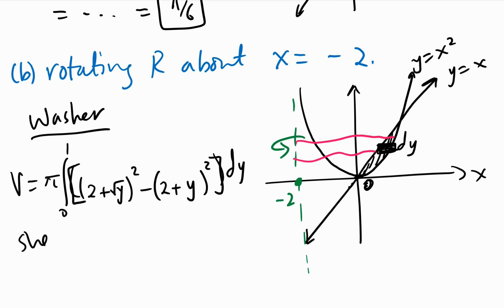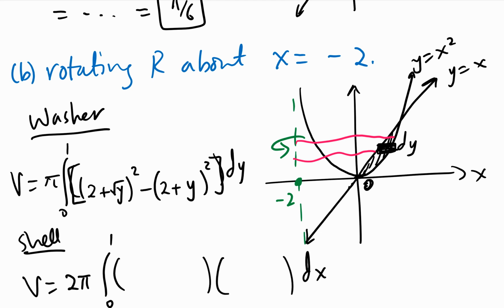But with shell method, the volume would be 2 pi, 0 to 1, dx in this case, because it's going to be parallel.